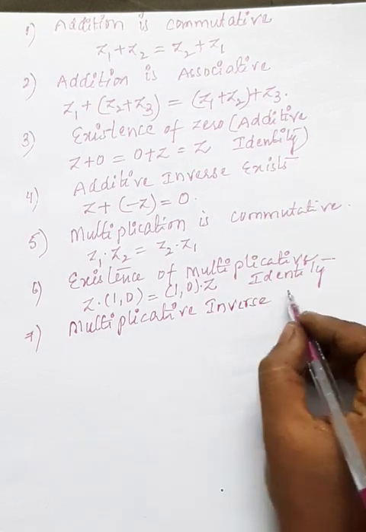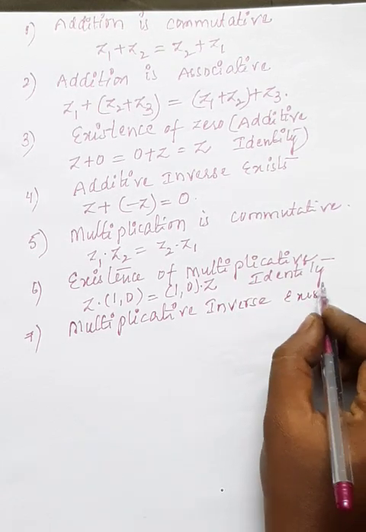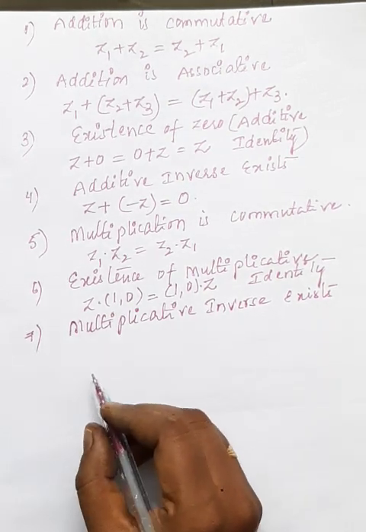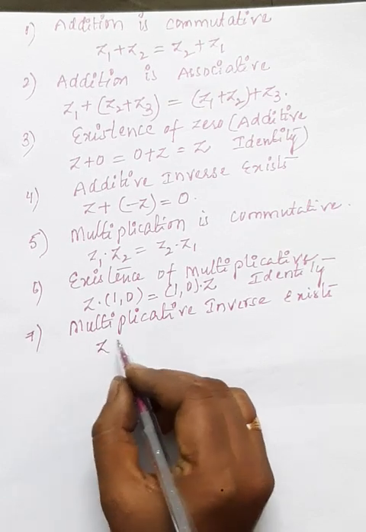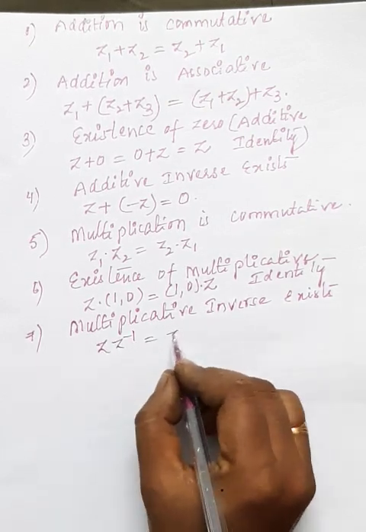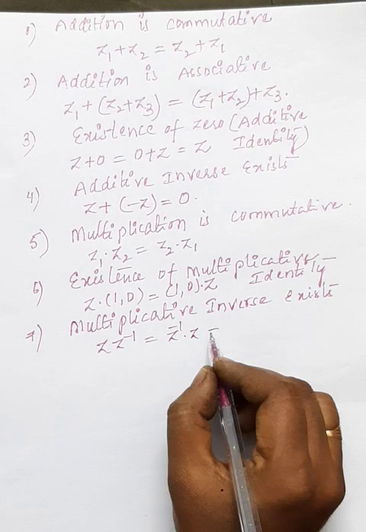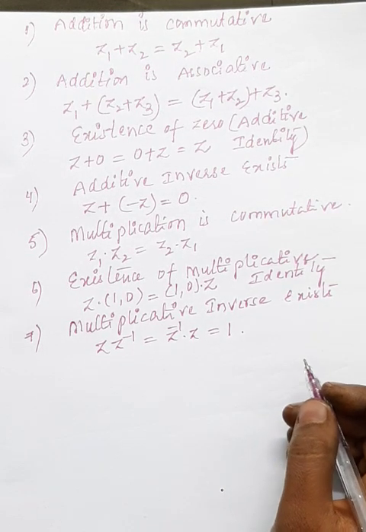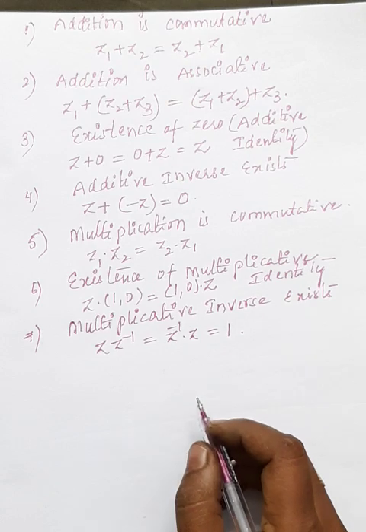That is, z into z inverse is equal to z inverse into z is equal to 1. So here z inverse or 1 by z is said to be the multiplicative inverse of z.